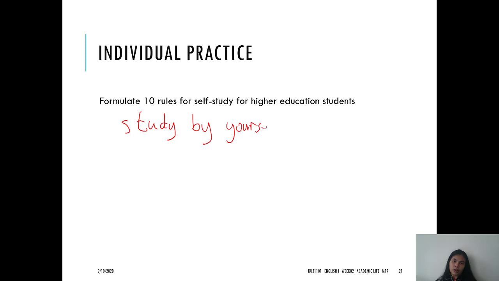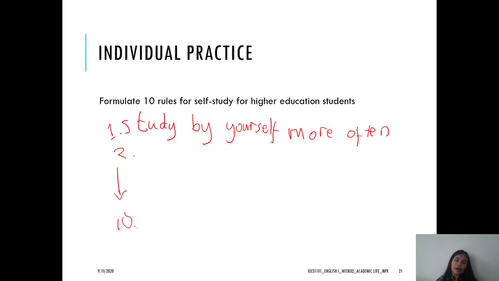Study by yourself more often. Okay, this is number 1. I already helped you with number 1, and now I want you to continue with the next number until number 10. We will discuss the answers in the practicum session, of course, and I will ask you to post these answers in the discussion forum in e-course later on.